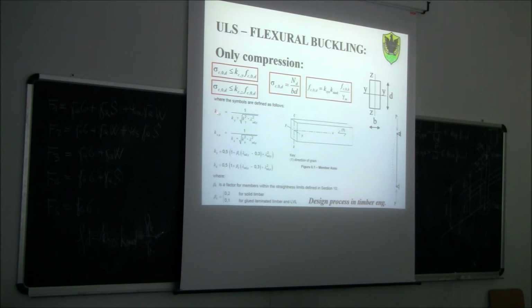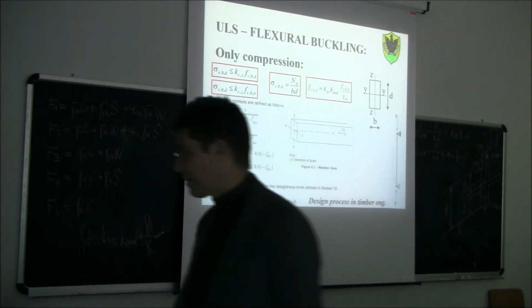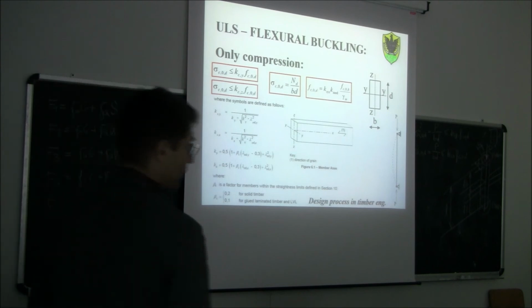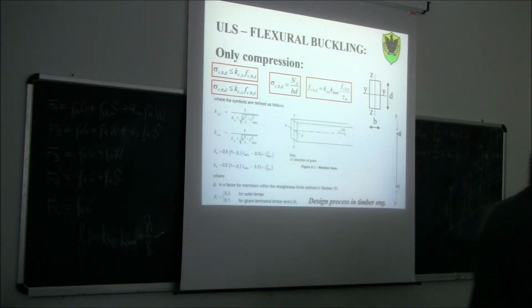Now, how can we calculate these coefficients k_cy and k_cz? We have some formulas. Those formulas have been derived from the theory of buckling, the flexural buckling of columns with defects.